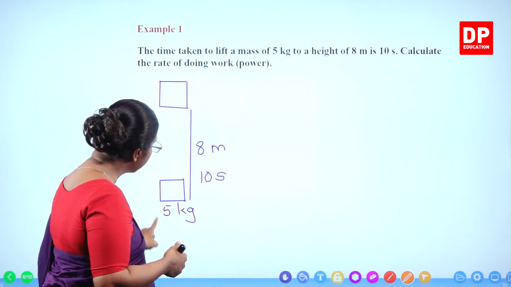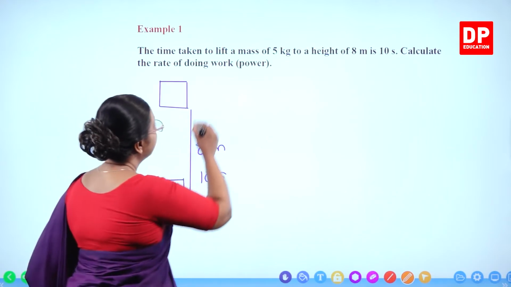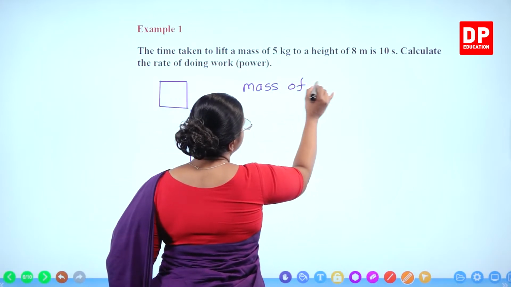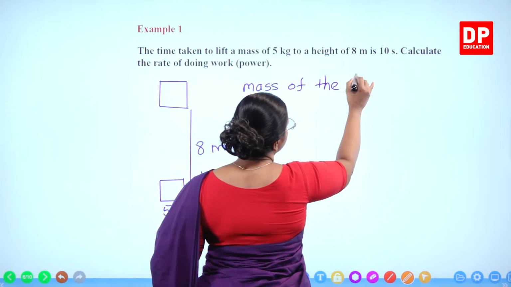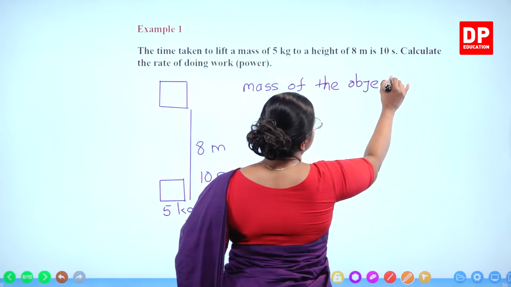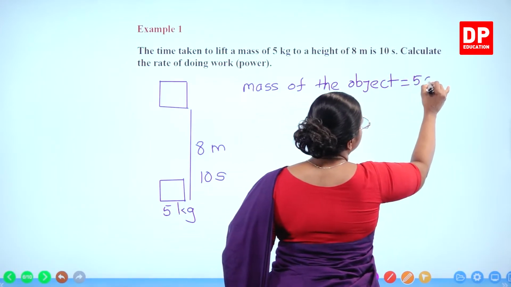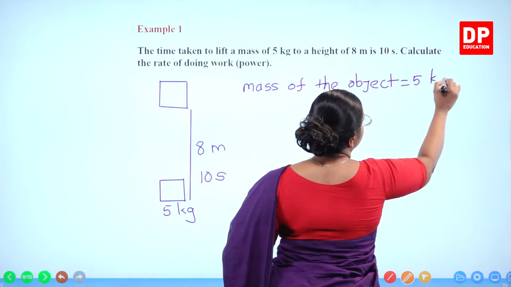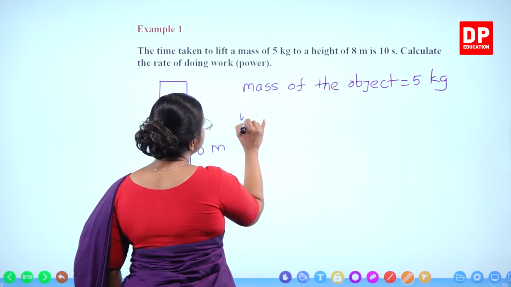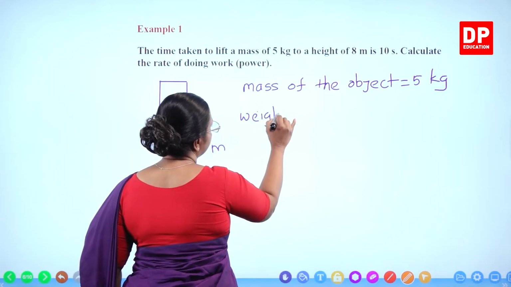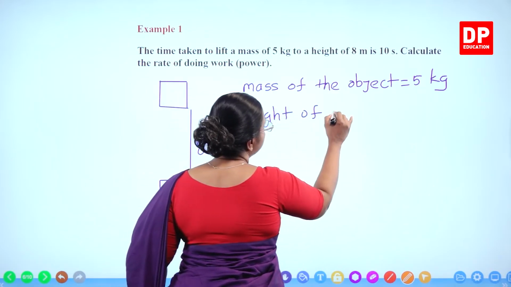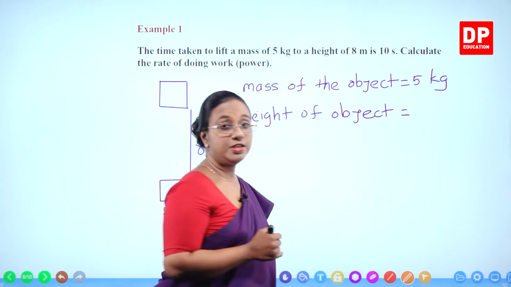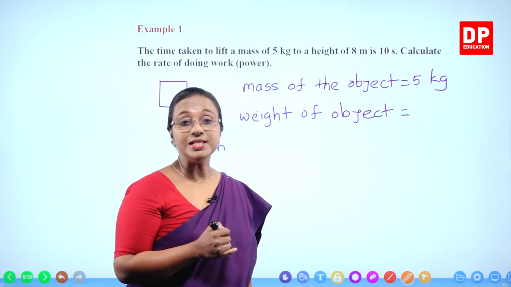Now here mass is given to us. So let's say the mass of the object is 5 kilogram. So what is the weight of the object? What is the equation we use? W equals mg.